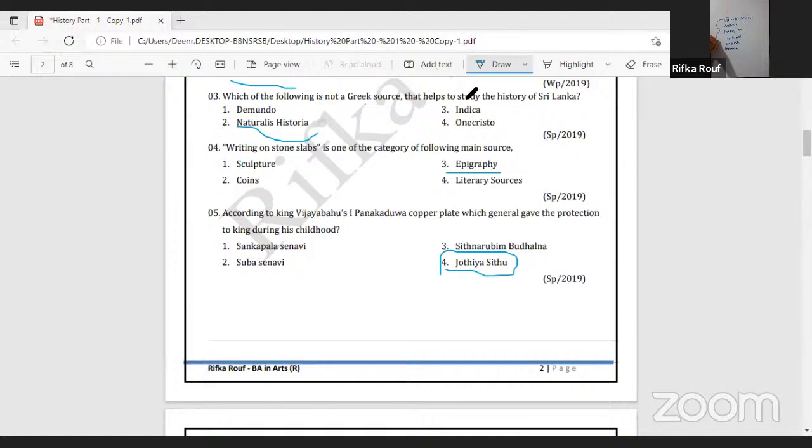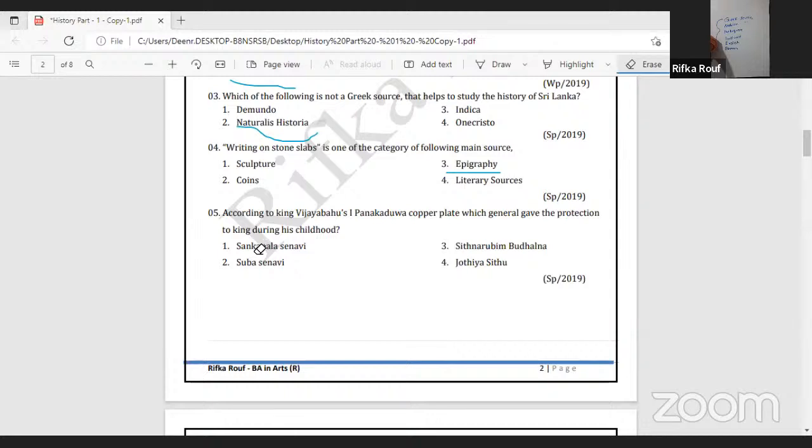Okay, so will the fourth answer come then? No, no, no. The fourth answer won't come. So next, let me go to Subhasenavi and Sankasenavi.